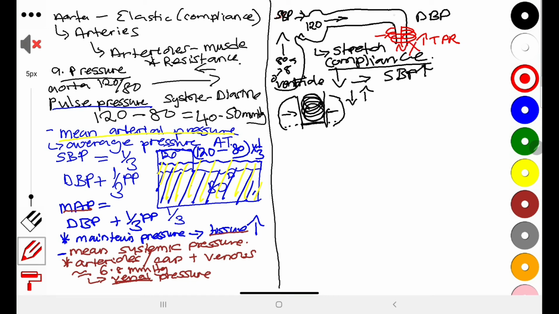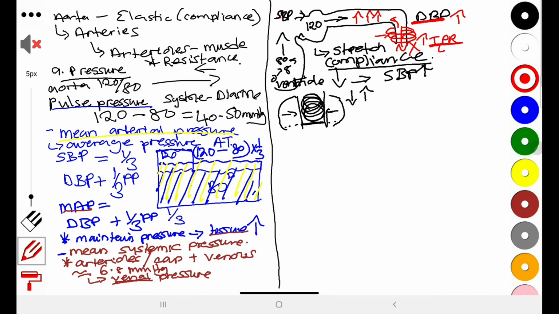So if blood cannot move on, it means you're increasing the amount of blood in the arterial tree when the heart is not beating. So if that happens, it means that the pressure that you'll get in diastole will increase. So diastolic blood pressure is dependent on the total peripheral resistance, very much so.